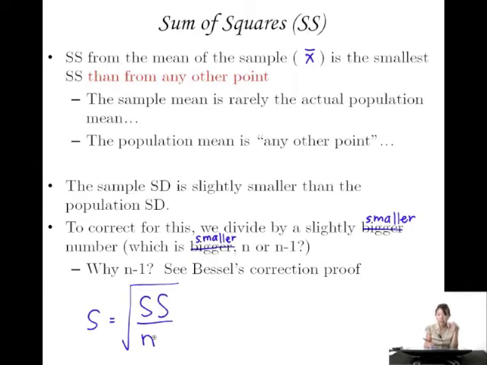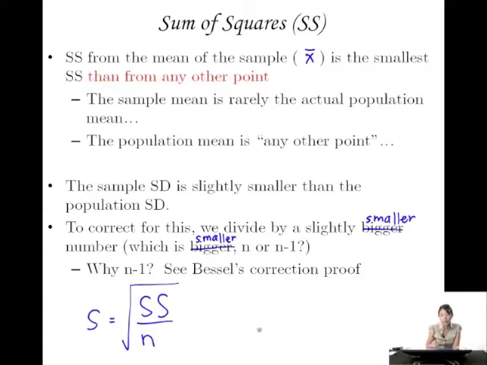Because when we divide by a smaller number, then our resulting answer is slightly bigger. So dividing by 5, you're going to get a bigger answer than if you divide by 8. And so because of that, we're gonna use that.